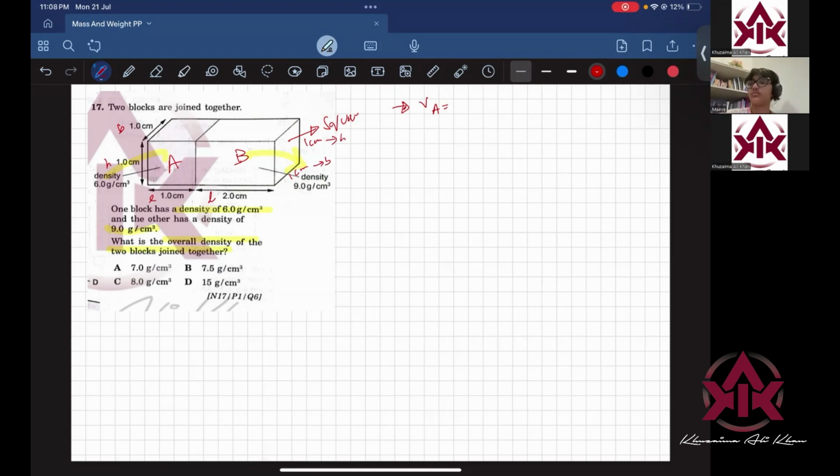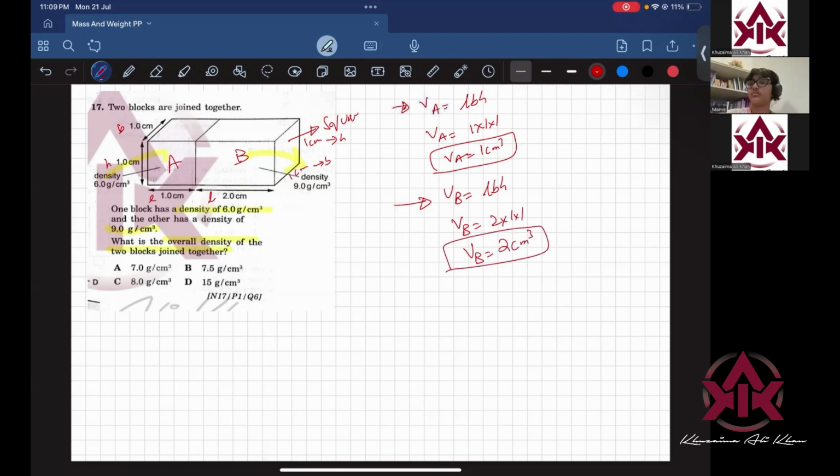Let's find the volume of object A, that is going to be LBH. The volume of object A is coming out to be 1 times 1 times 1, that is 1 centimeter cube. Let's find the volume of object B. It's again a cuboid, so LBH. The volume of block B is coming out to be 2 into 1 into 1, which is 2 centimeter cube.